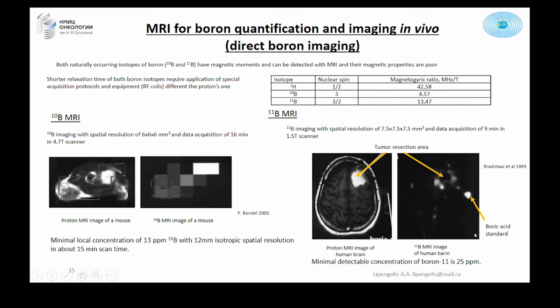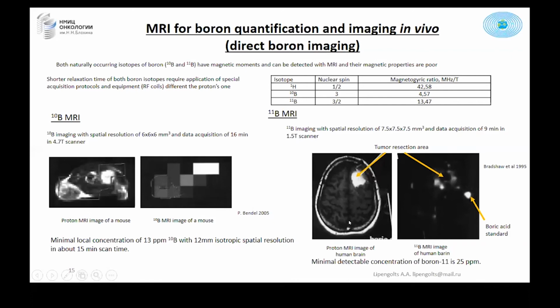This imaging was performed at quite low spatial resolution, about 7.5 millimeters. These are very large voxels compared to hydrogen images. But the data acquisition took 9 minutes, which is quite a reasonable time on a 1.5 Tesla scanner.